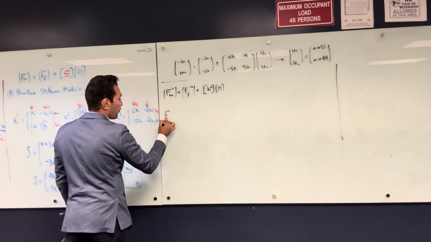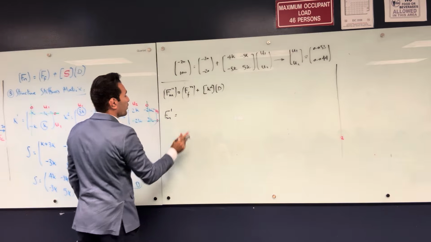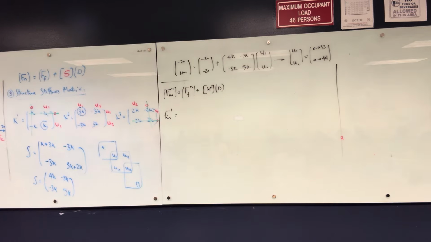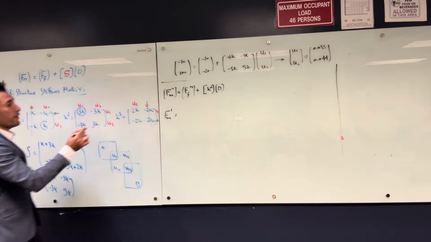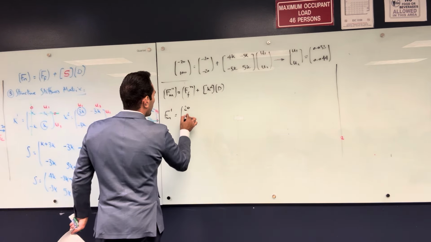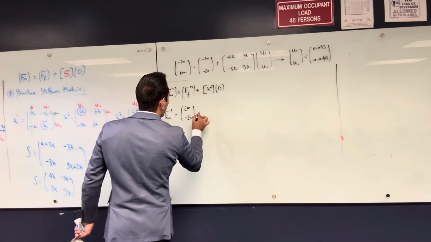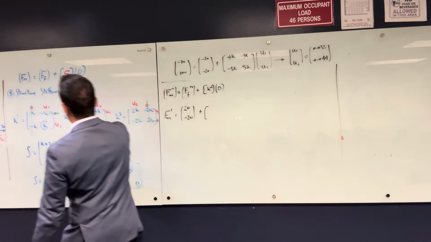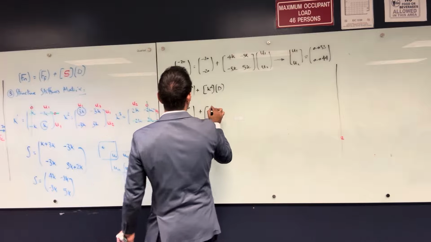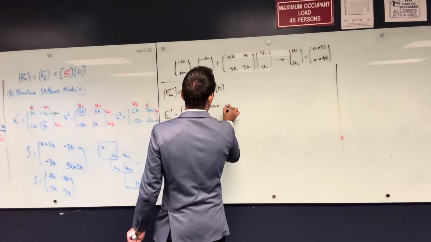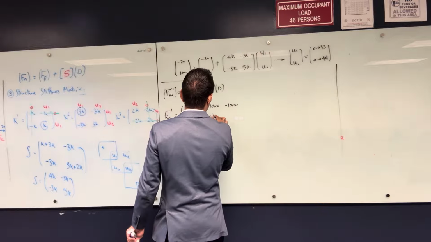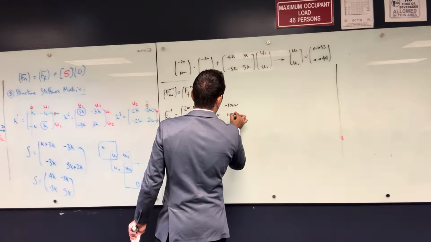So F member 1 is going to be equal to the fixed end forces of 1, which are 20 and negative 20, plus the stiffness matrix of 1. You are going to have 1,000, negative 1,000, negative 1,000, and 1,000.